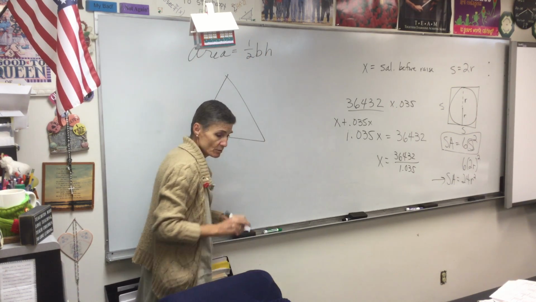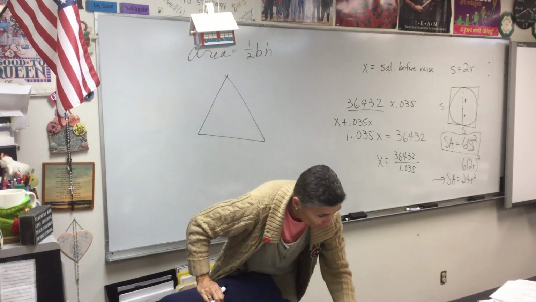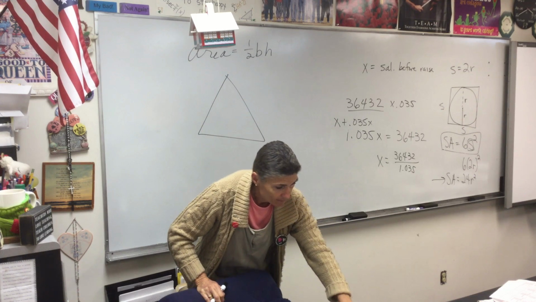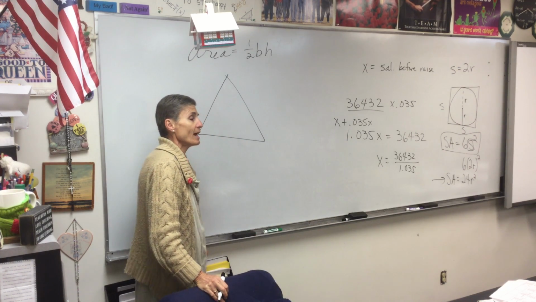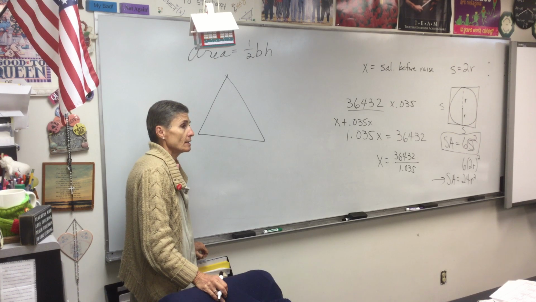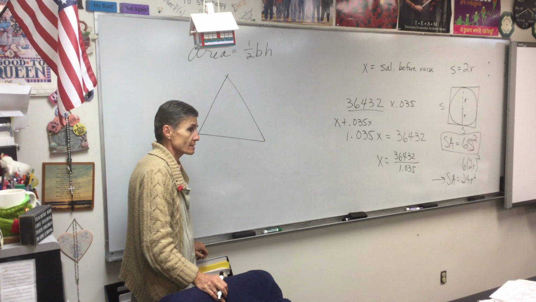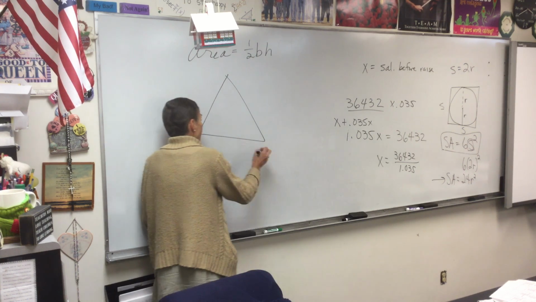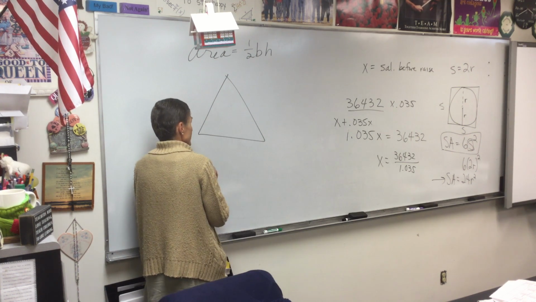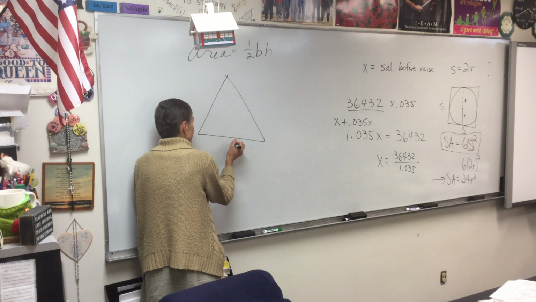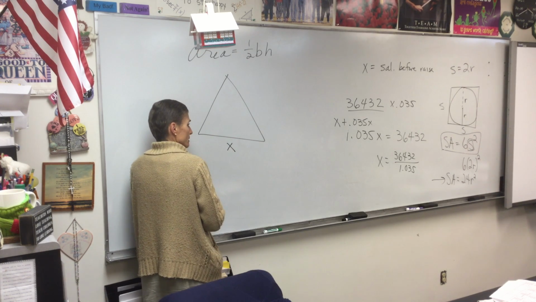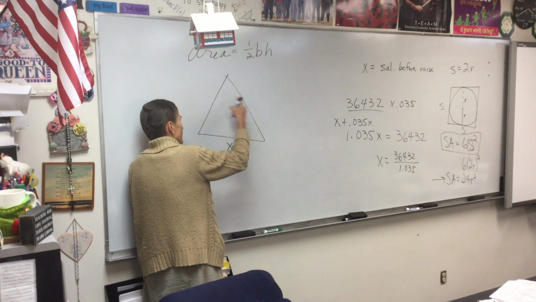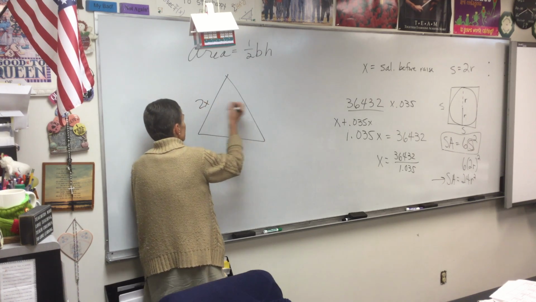Okay, so that's what I'm using. Now let's see what I know. The base is half as long as the two equal sides. So if I let the base be x, what would these guys be? 2x.